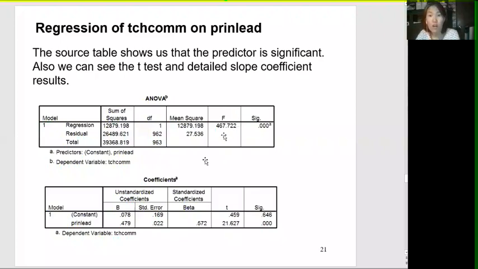And if your F value is larger than the critical value of F, then you say this is statistically significant, which is consistent with this, okay?